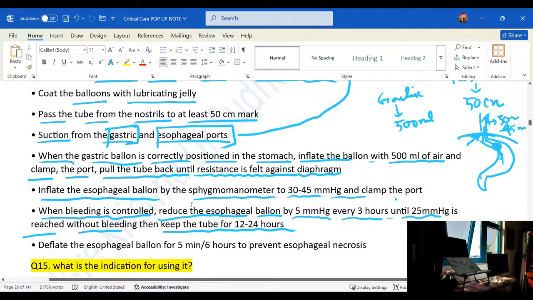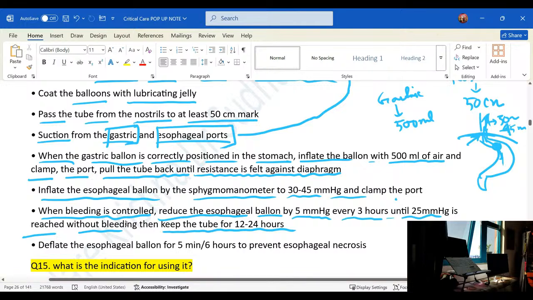When the bleeding is controlled, reduce the esophageal balloon pressure by 5 millimeters every 3 hours until 25 millimeters of mercury is reached without bleeding.